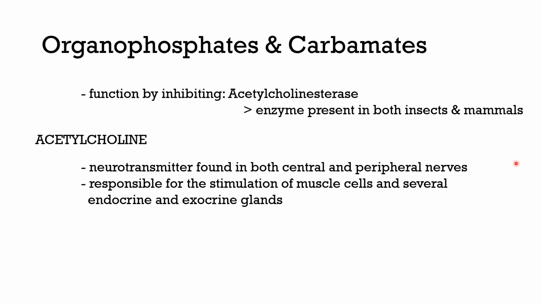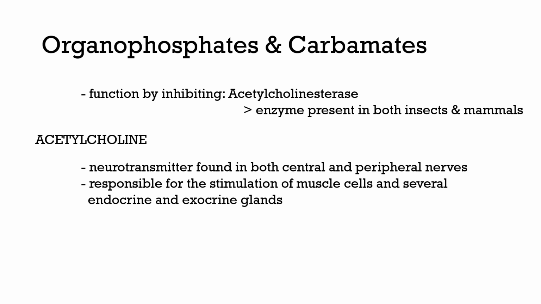The organophosphates and carbamates, they function by inhibiting acetylcholinesterase, which is an enzyme present in both insects and mammals. Your acetylcholine, okay, is a neurotransmitter found both in central and peripheral nerves and is responsible for the stimulation of muscle cells and several endocrine and exocrine glands. So, syempre, kung affected ang endocrine and exocrine glands na to, how can we release ang katong mga hormones that are necessary for life?